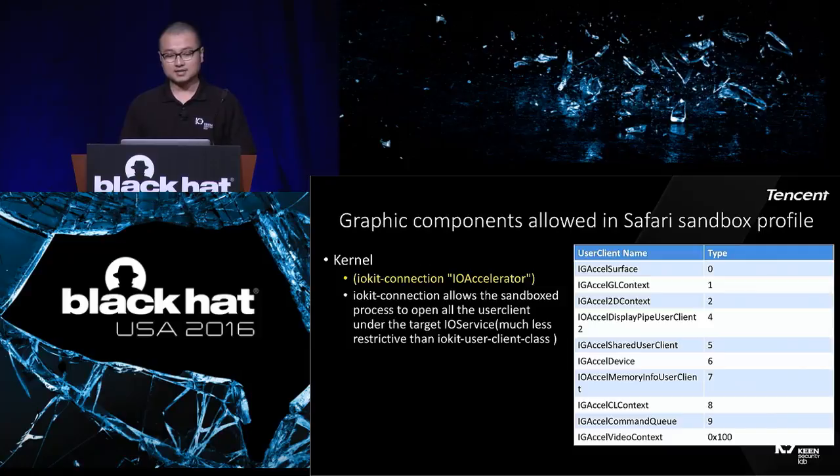You can see that IOAccelerator is an IO service. The IOKit connection means that you can open all the IOKit user clients whose IO service is IOAccelerator, which is very good. That means you can open up to almost 10 or more user clients.